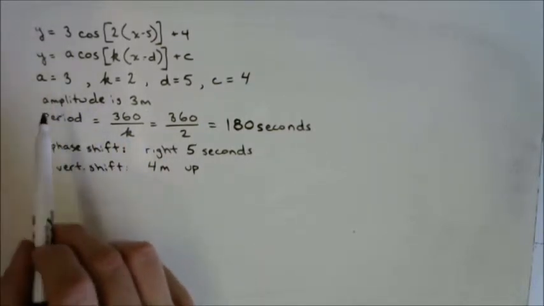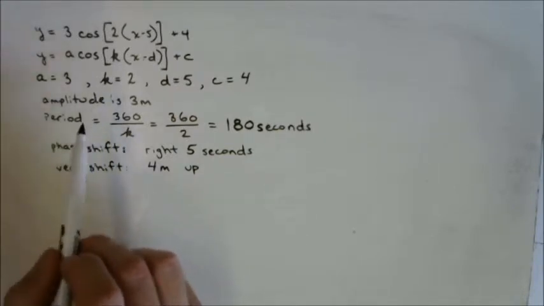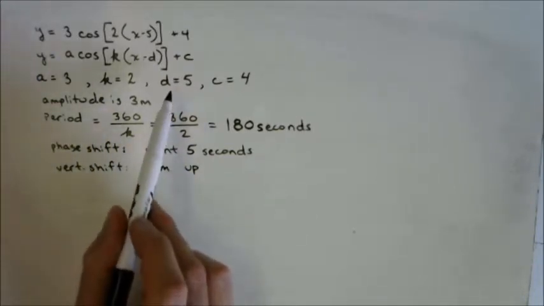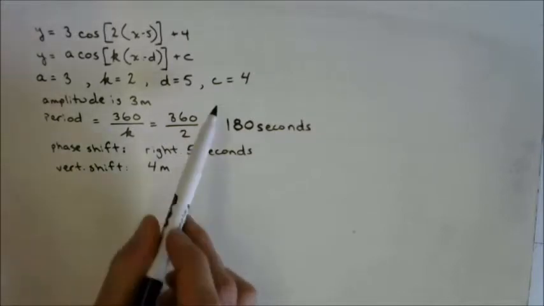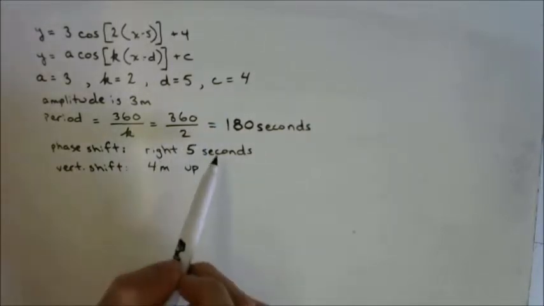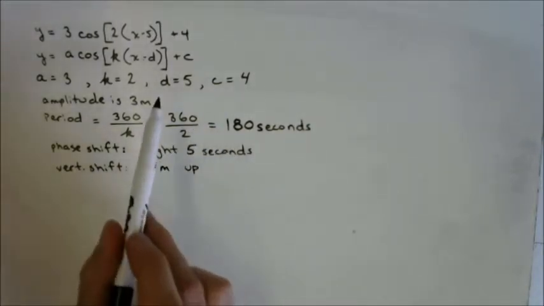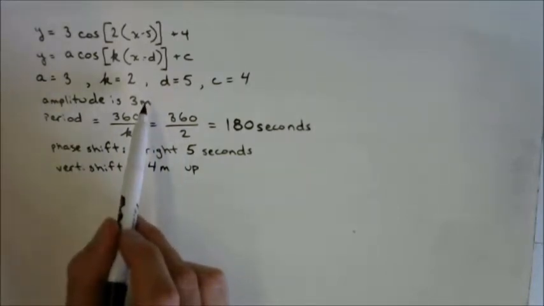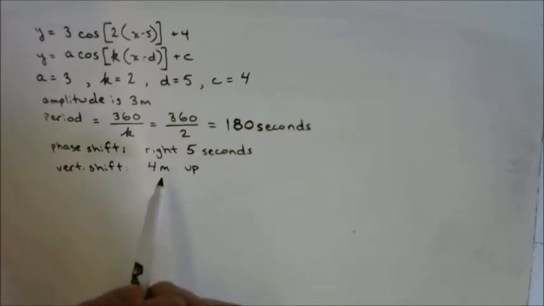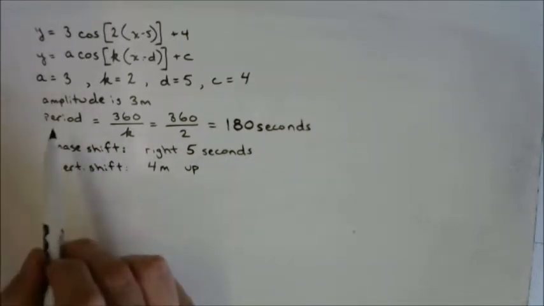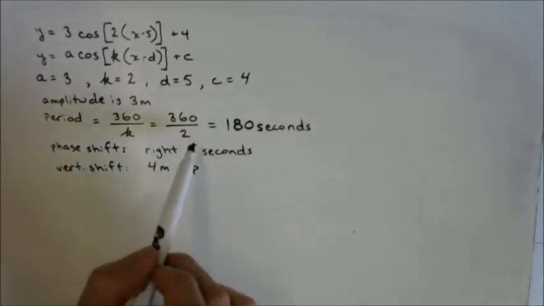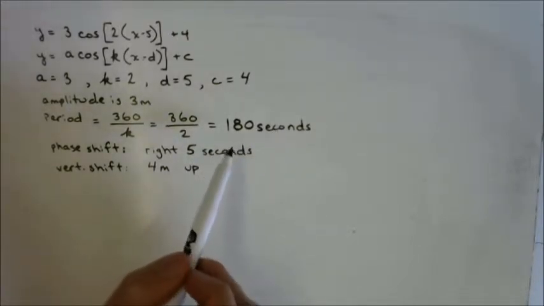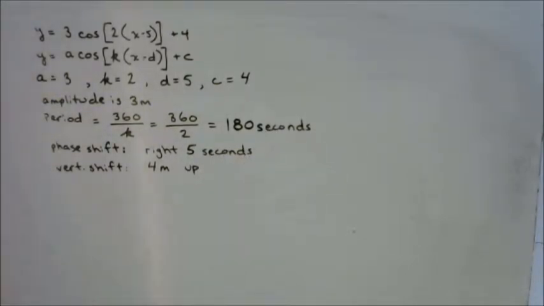Amplitude comes from A, period is 360 over K, phase shift is D, and vertical shift is C, making sure we had our correct units. Notice amplitude deals with the vertical, so it's measured in meters, along with vertical shift. Phase shift and period both have to do with the horizontal axis. That's why they're measured in time, in seconds.